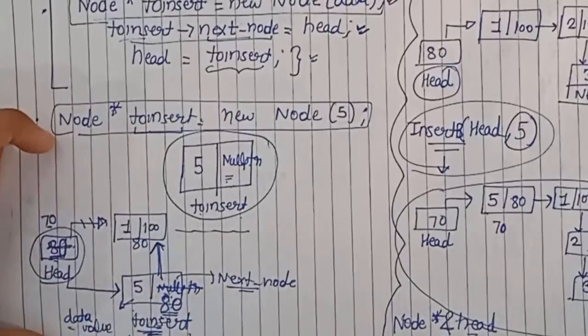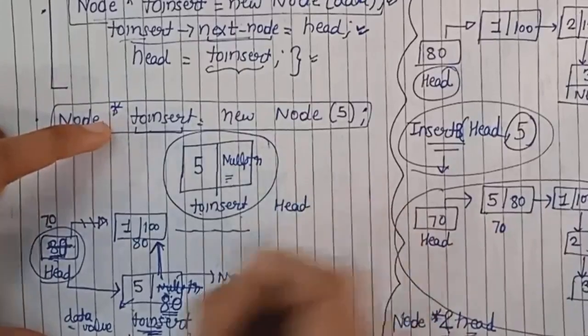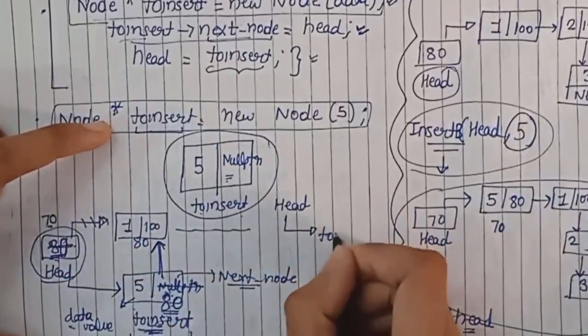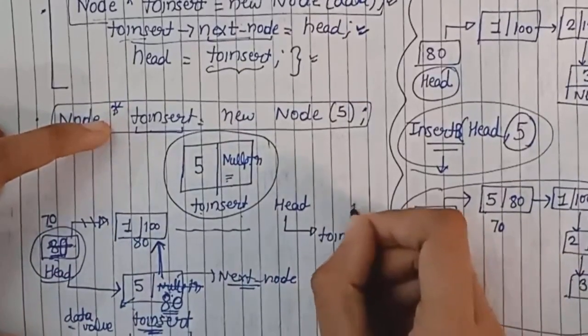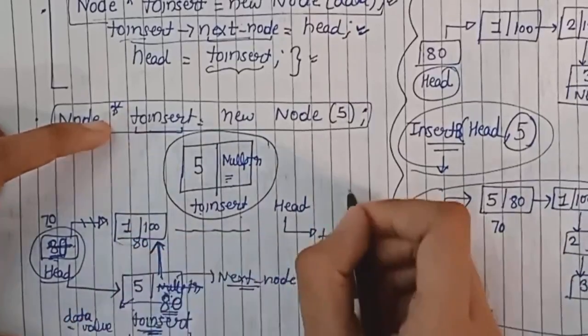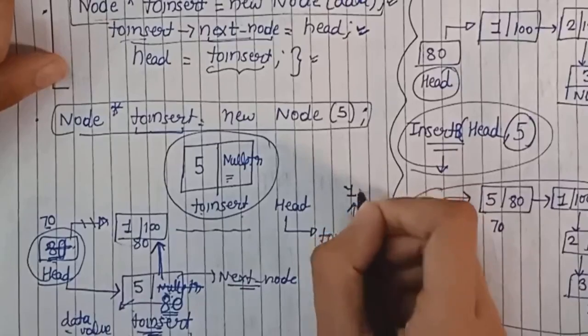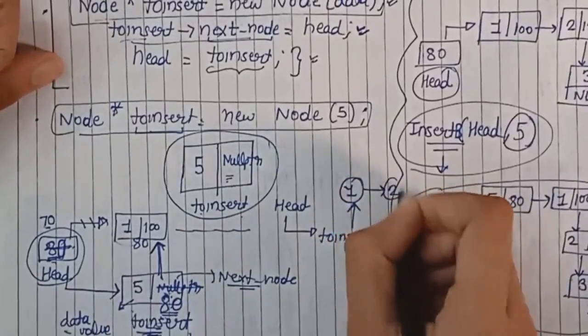So now you can see how our new linked list will look. It was head, and now it is pointing towards the to insert node, and after this, to insert is pointing towards the node which was earlier the first node, so it is 1, and after 1 you have 2, then 3.